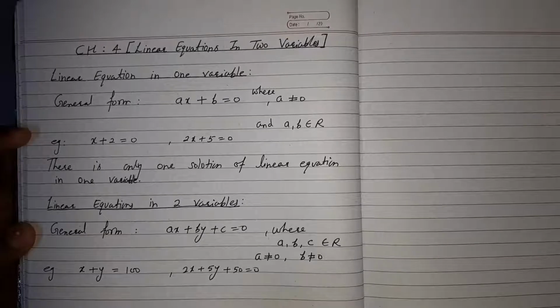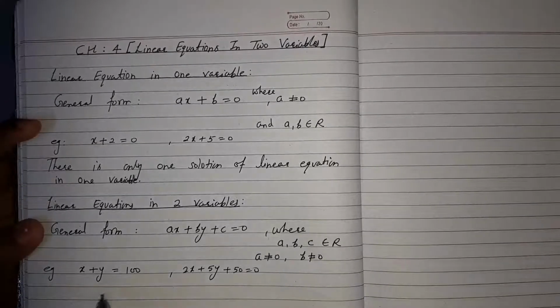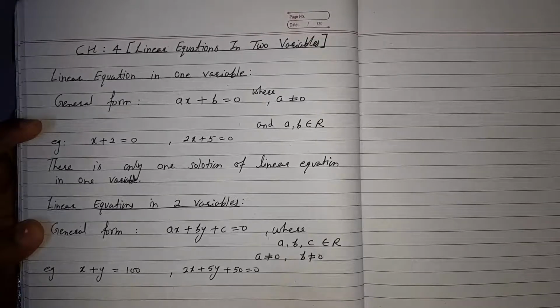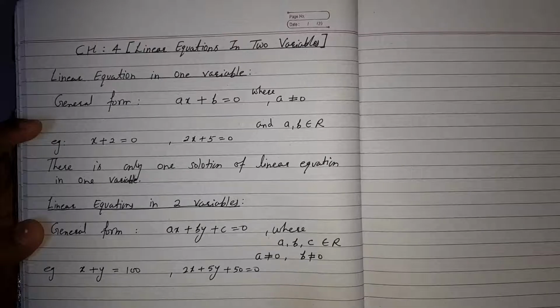Suppose in a cricket match two batsmen score a total of 150 runs. Suppose the number of runs scored by the first batsman is x, and the number of runs scored by the second batsman is y.